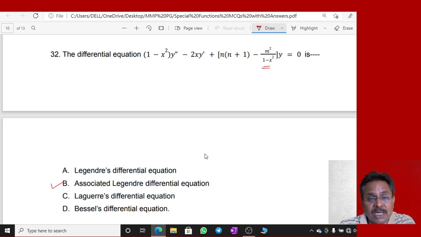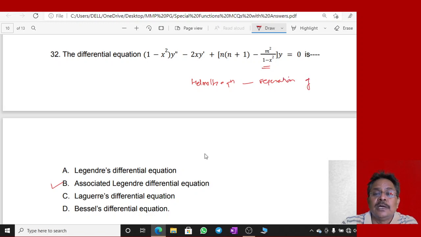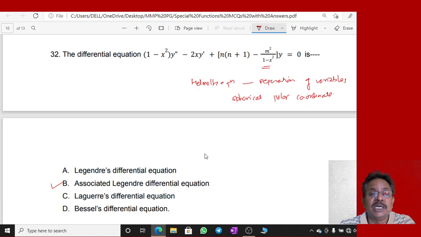Now, from where this comes: as we have already seen, when we solve the Helmholtz equation by separation of variables in spherical polar coordinates, then we come across this equation, which is called the associated Legendre differential equation.